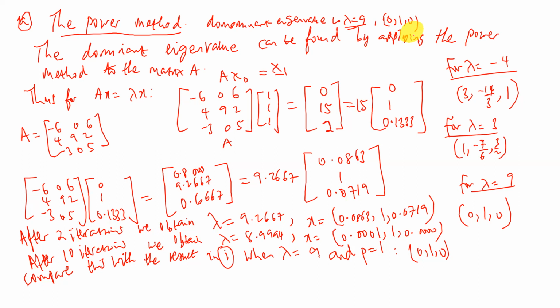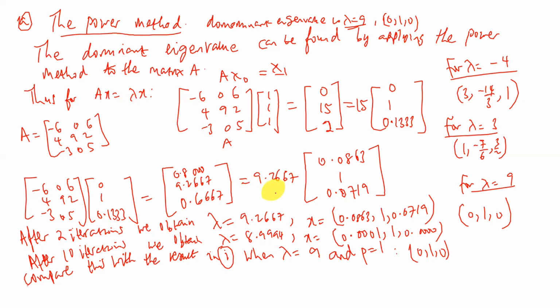After more iterations, so we compare with the results when lambda equals 9. So the more iterations we take, the more accurate the result gets. What result are we talking about? Obviously, it's this value here, which is the eigenvalue.